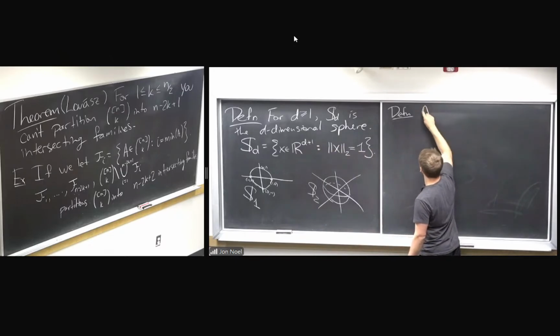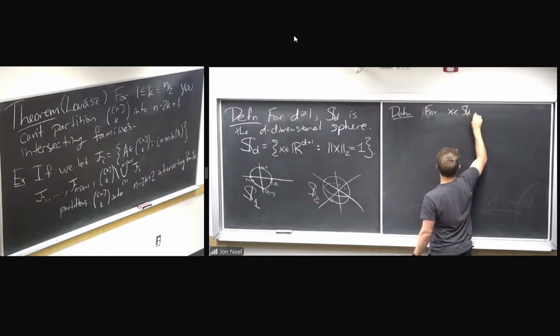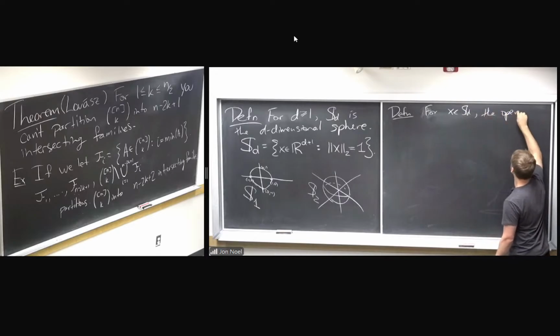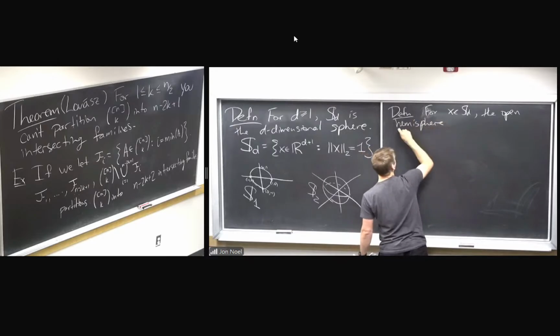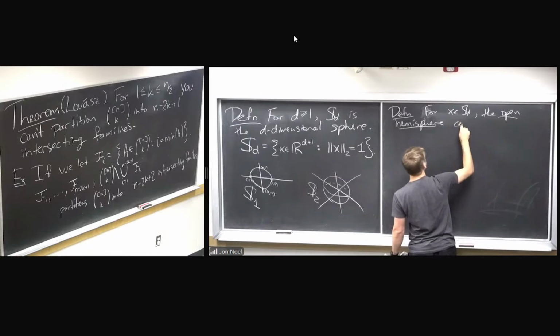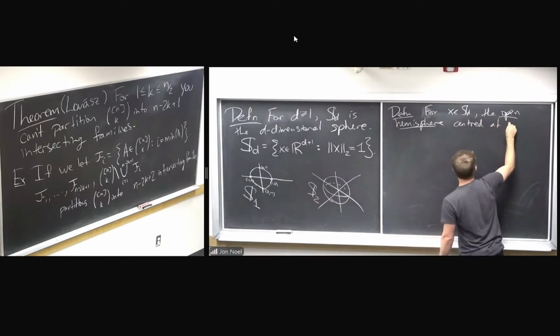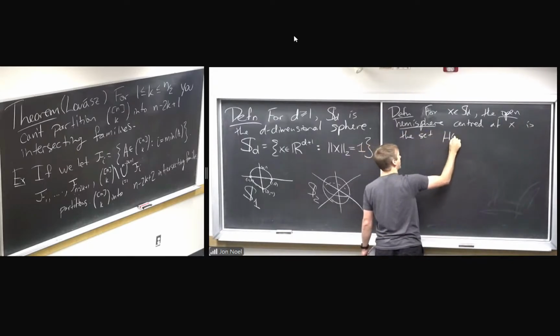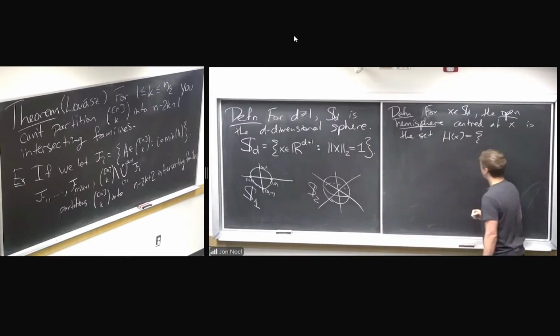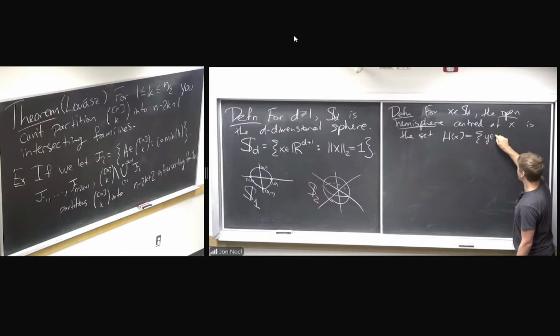So for a point x, the open hemisphere centered at x is the set H(x), which I'll define as the set of all y in the sphere where, basically, you want it to be on the same side of the sphere as x.